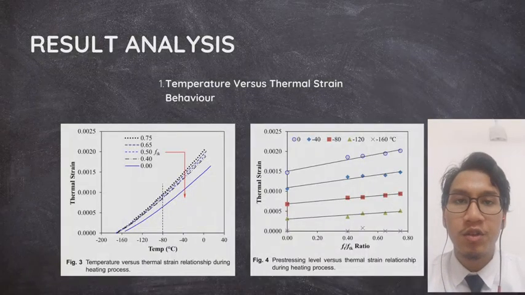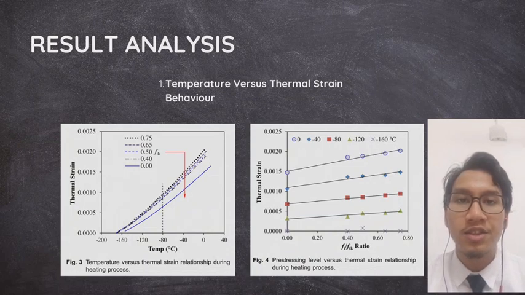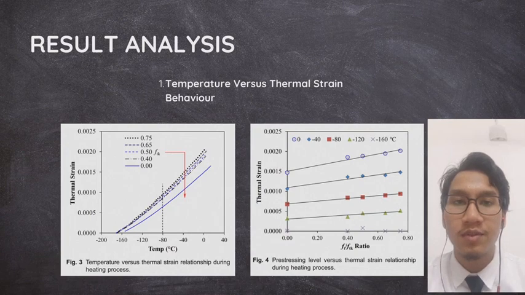Figure 3 shows the thermal strain versus the temperature relationship for the steel strand under different pre-stressing levels. These figures show that there are 2 working stages for the development of the thermal strain as the temperature increases from -165 degrees Celsius to 0 degrees Celsius.